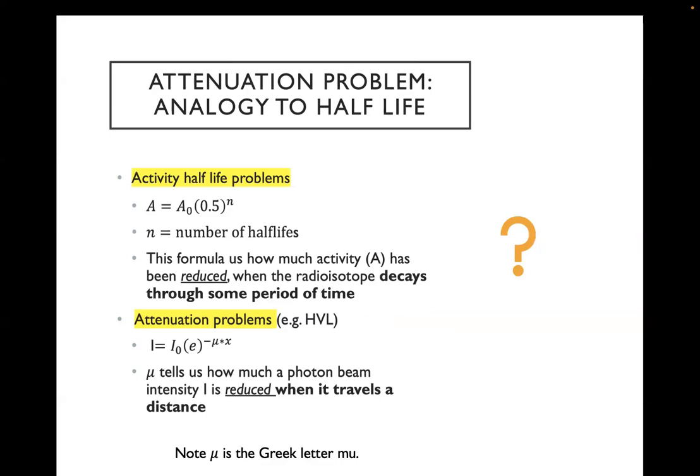For attenuation, the linear attenuation coefficient tells us how much a photon beam intensity is reduced when it travels through a distance. So one tells us how it decays and how the activity has been reduced, and the other tells us how much intensity from a photon has been reduced when it travels through a distance.